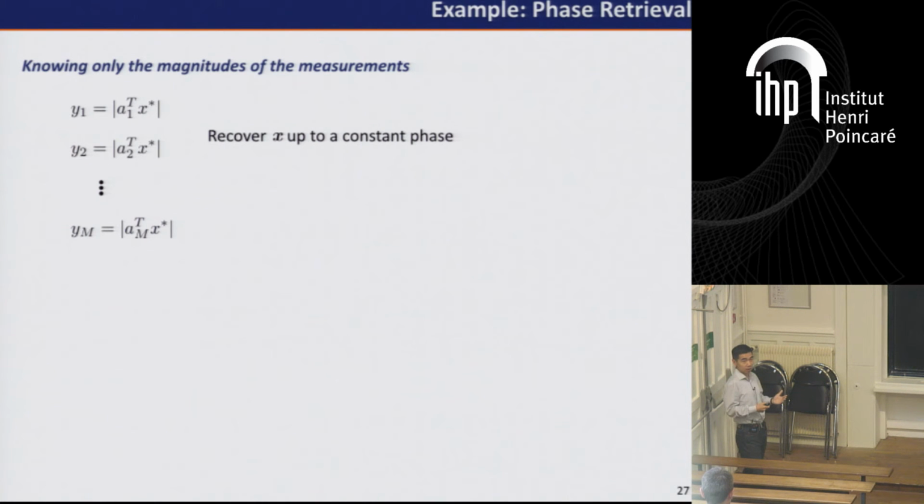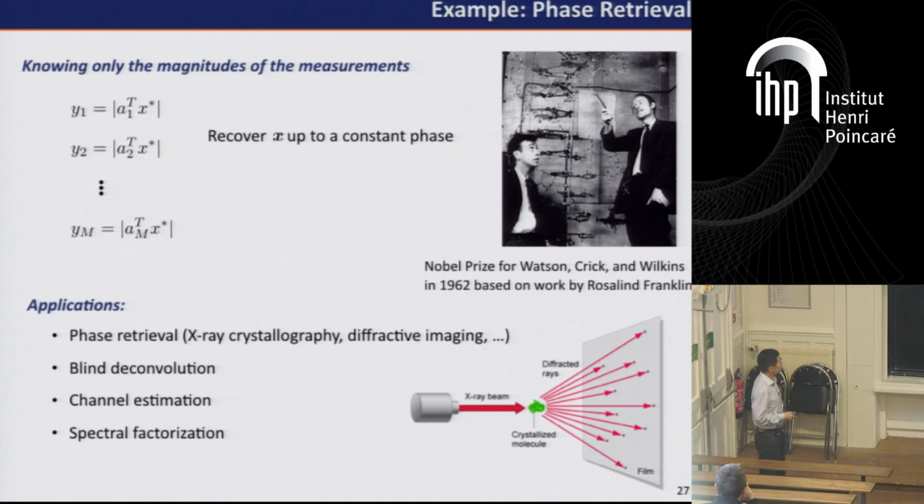And that's the reason why this problem is called phase retrieval, because reconstructing x is equivalent to recovering the missing phase, right? Okay? And there are applications in X-ray crystallography, but there are also applications in communication and signal processing, where you care about this type of problem.